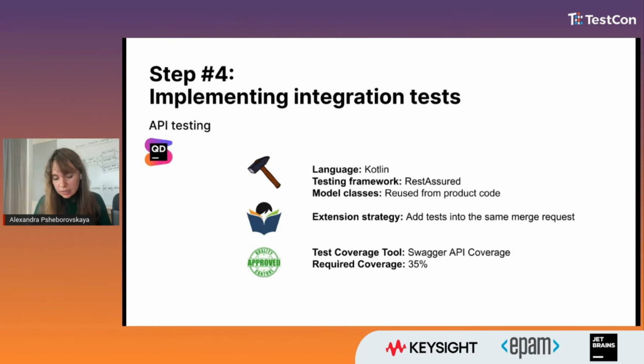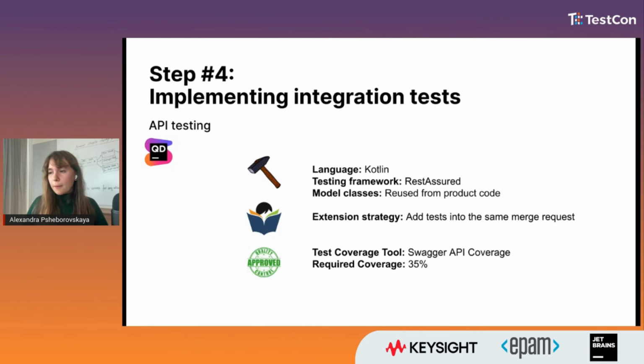It's lightweight, it's quite flexible. And as we discussed earlier, we can reuse code from the product, for example, code models and data classes. So the expansion strategy was to add integration tests to the merge request where features were developed, and the result is a united flow of development and testing.